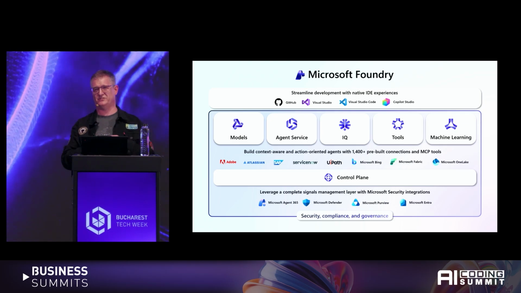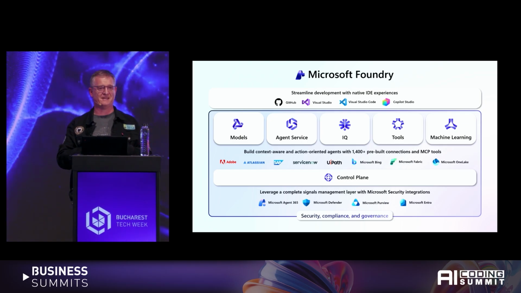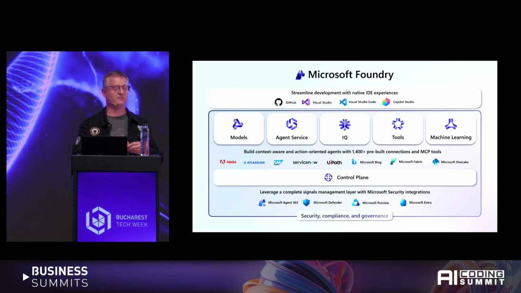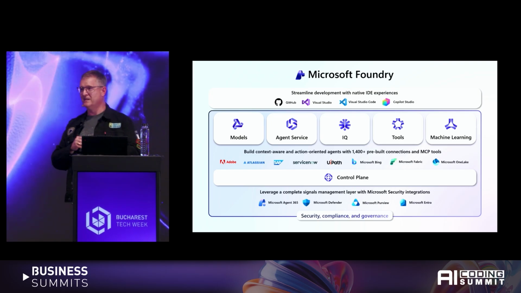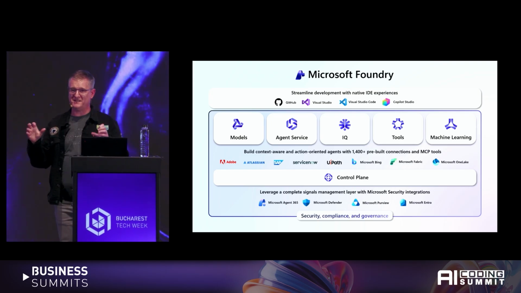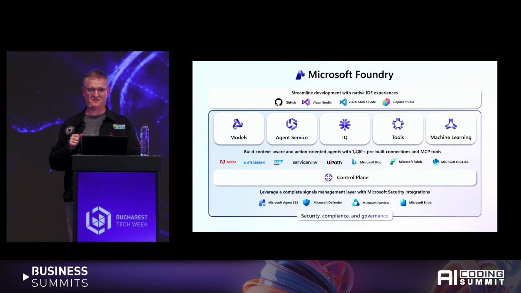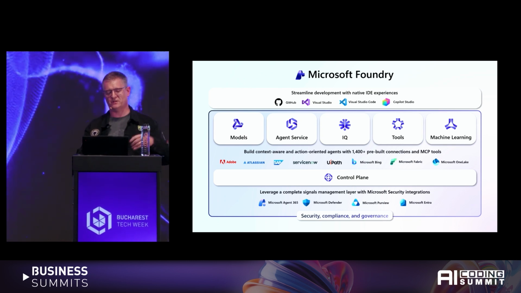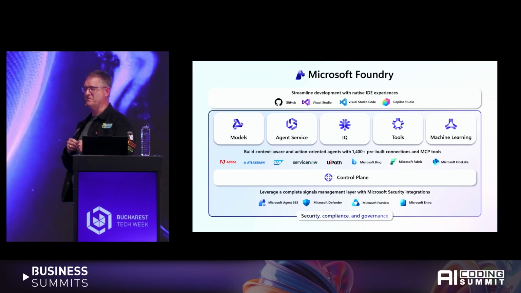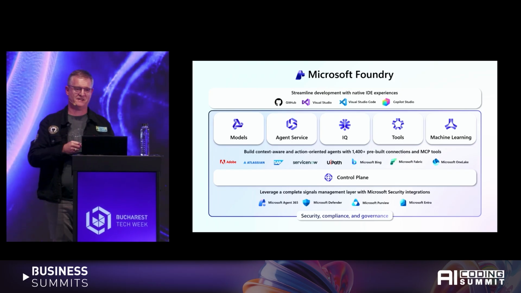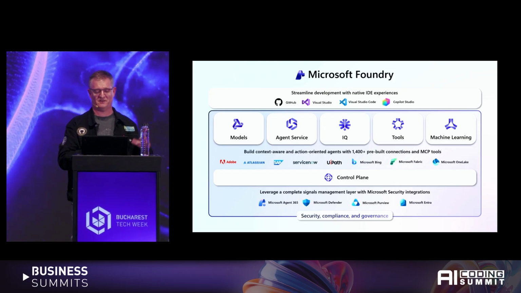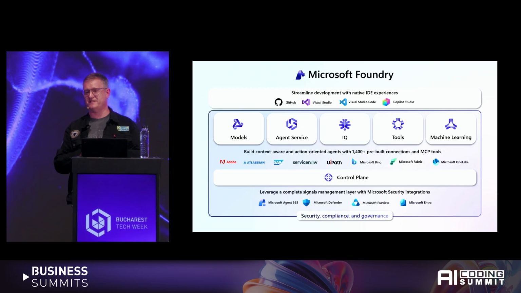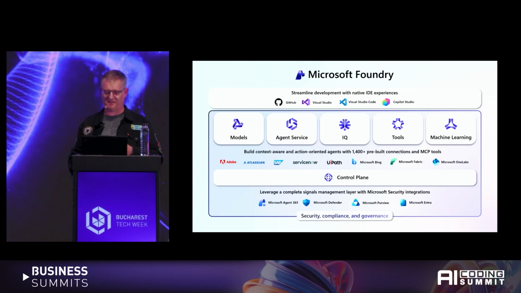So a lot of the technology that you're probably using on a day-to-day basis is probably being served through that product catalog. We then have control plane, and control plane is about the control of all these services. This is the observability, the evaluations, the monitoring of each of those services. And then we have our security fundamentals at the bottom of it in terms of Agent 365, Defender, Purview, and Entra ID. So everything is wrapped within that security layer.